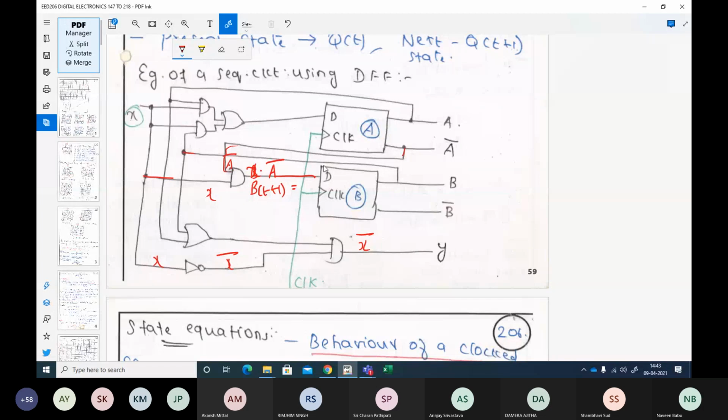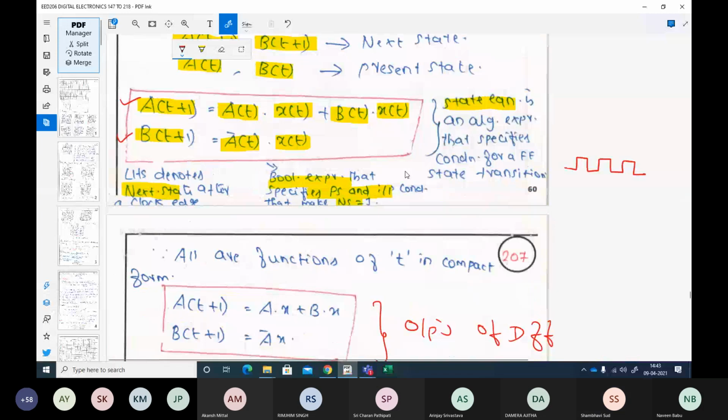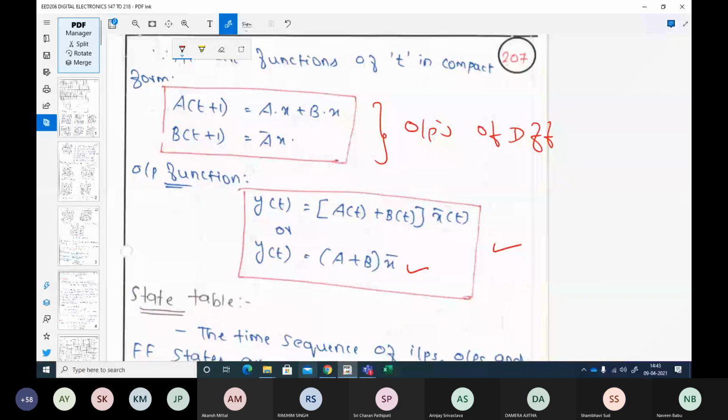So this line is going to be B, and this comes from A. Okay, this is A plus B, so multiplied by A plus B. So this is nothing but A plus B multiplied by X bar. Okay, now I have written the Boolean equations.